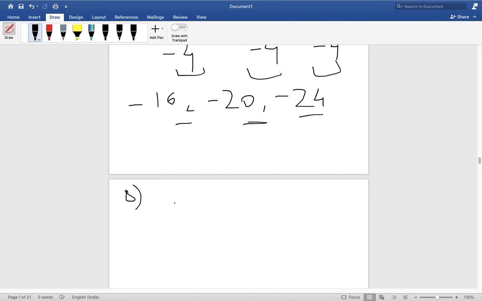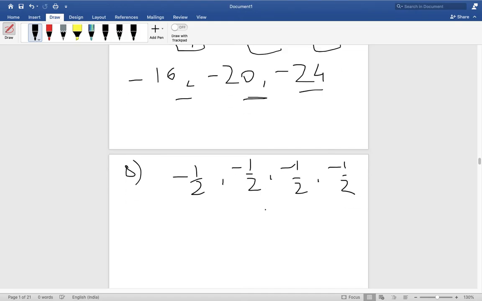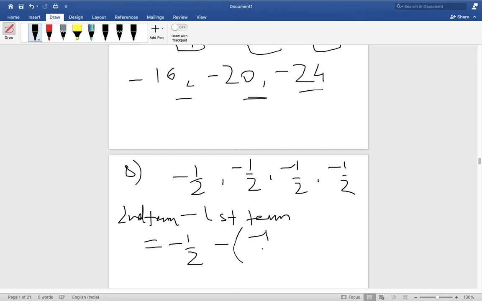Eighth part. Minus 1 by 2, minus 1 by 2, minus 1 by 2, minus 1 by 2. Okay. Let us have a look at this. Let us find the difference between the second term and the first term. Oh, look at that. These two are the same.